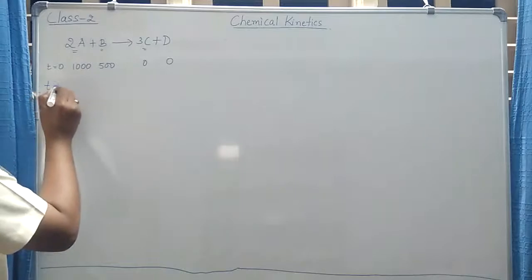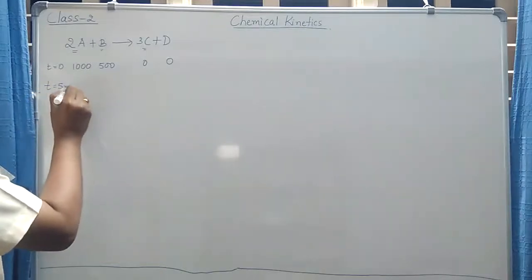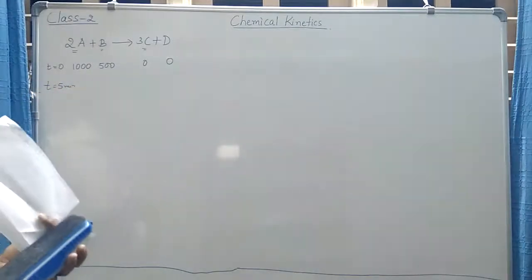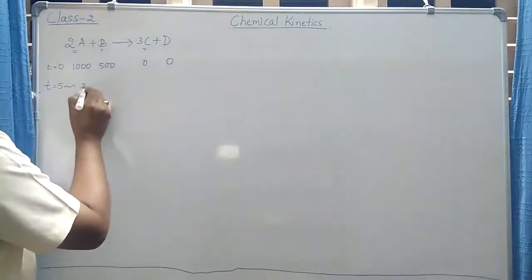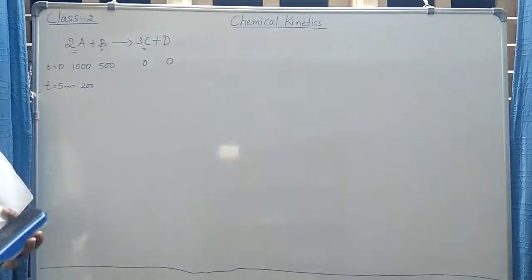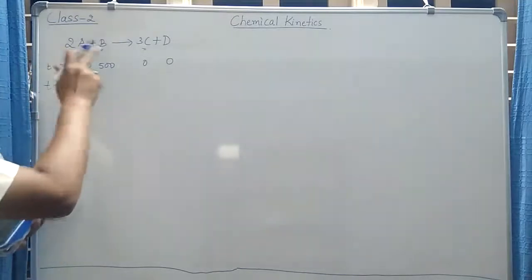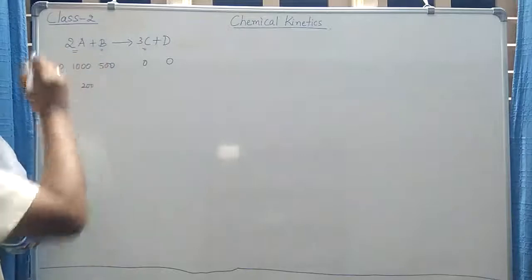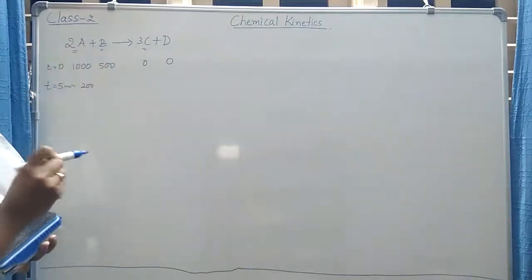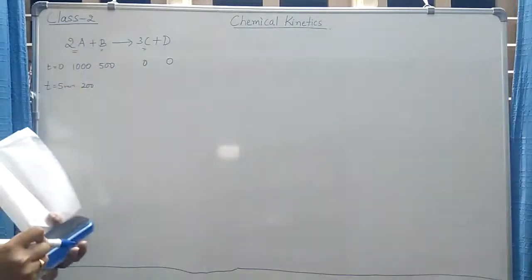After, say for example, 5 minutes, okay, in 5 minutes the reaction has taken place to some extent. Suppose 200 molecules of A have reacted. Now according to the stoichiometric equation, you can see that for every one molecule of B reacting, two molecules of A should react.